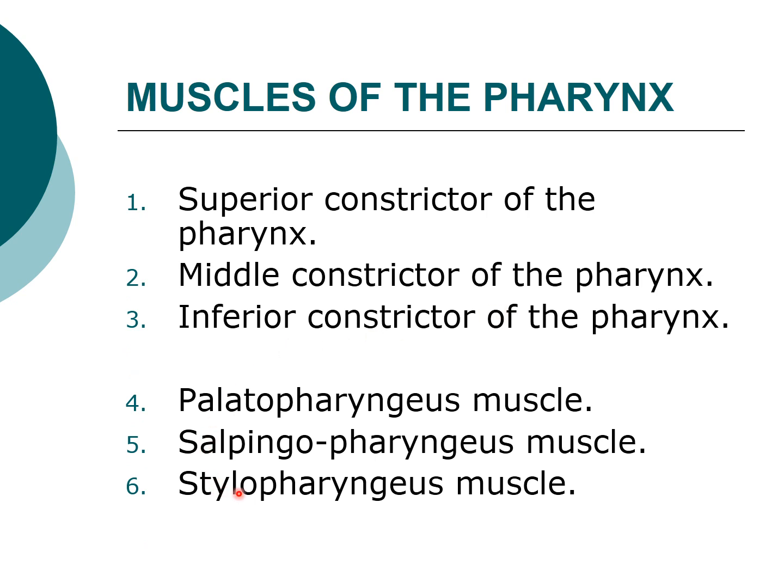The longitudinal muscles: one of them arises from the palate. It is called palatopharyngeus. Number 5, from the Eustachian tube, salpingopharyngeus. Number 6, from the styloid process, stylopharyngeus.